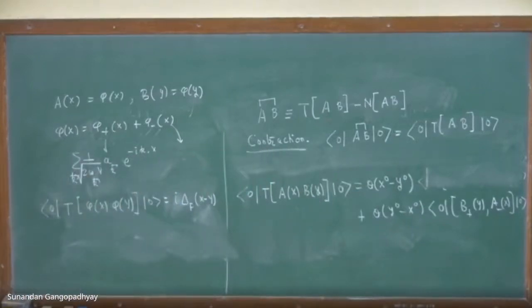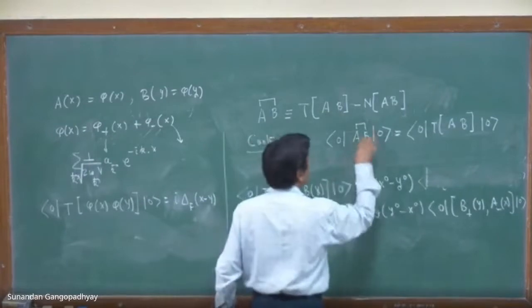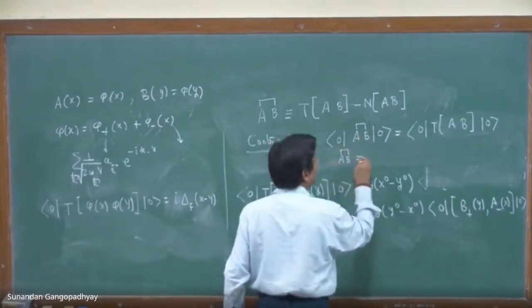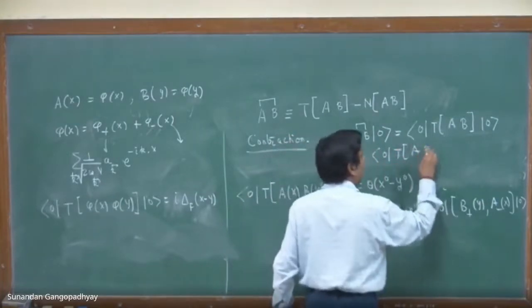So what we have is that the contraction is this. Since this is a number, you can take it out. Therefore, this is nothing but this.